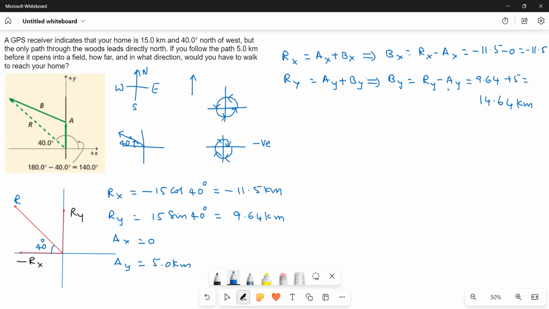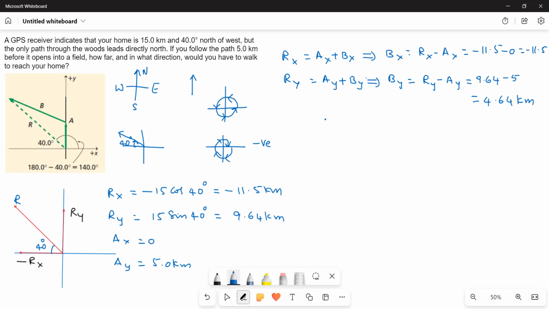By is Ry minus Ay. So here this is minus 5, sorry. Ry is 9.64 minus 5, so 9.64 minus 5 is equal to 4.64 kilometers. 9.64 is positive, and Ay is also positive, but By is equal to Ry minus Ay.